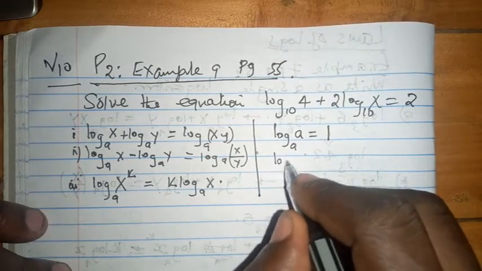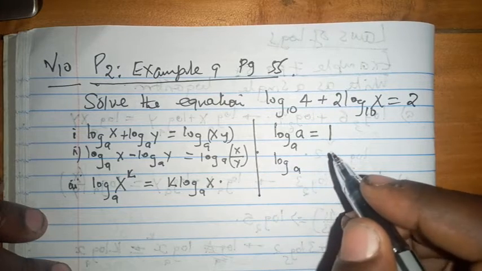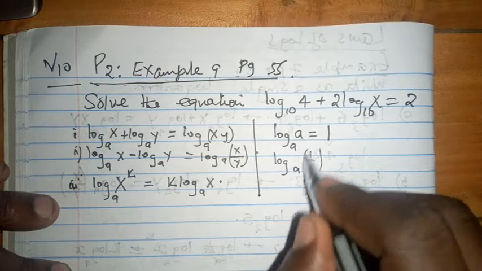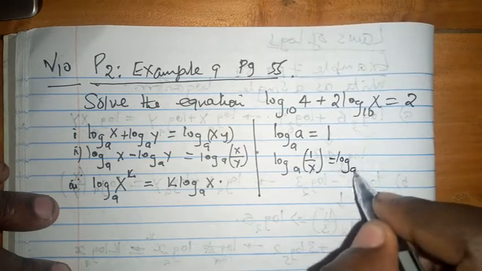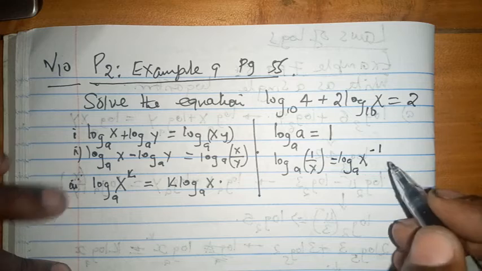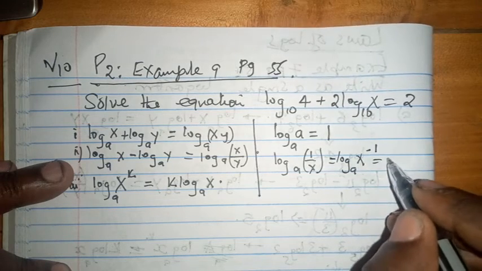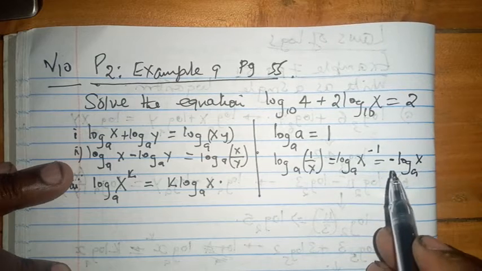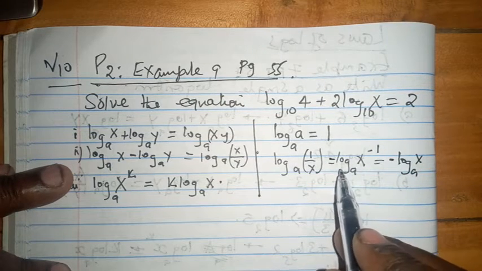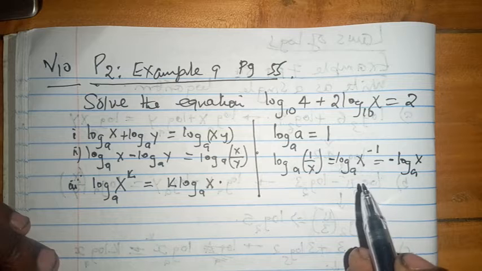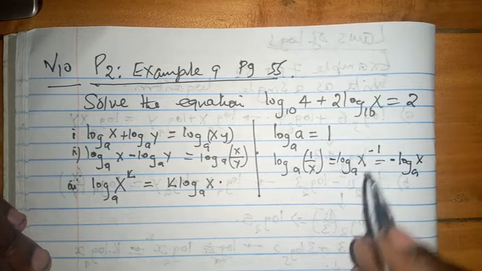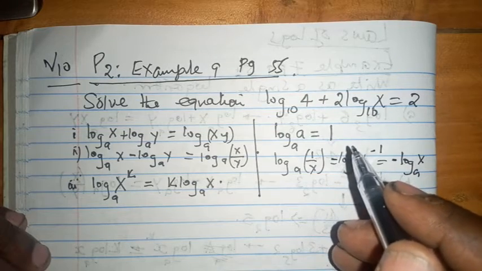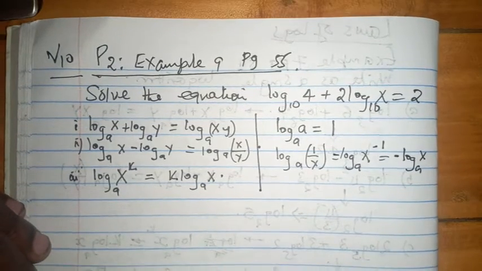We are also told that log to base a of 1 over x, this is log to base a of x raised to power negative 1, which is negative log to base a of x, because this negative 1 becomes a coefficient. If I remember another one along the way or it surfaces, I will be able to bring it across.